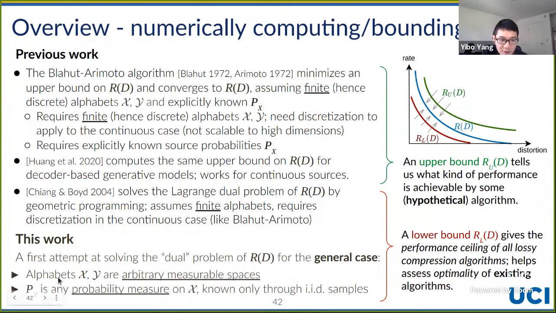And the source distribution, P of X, can be any probability measure. So it can be discrete, continuous, or neither. In the case of images, the source distribution is concentrated on some low dimensional manifold of R^n, which you can think of as having measure 0. So anyway, this P of X can be anything as long as we have IID samples from this distribution.